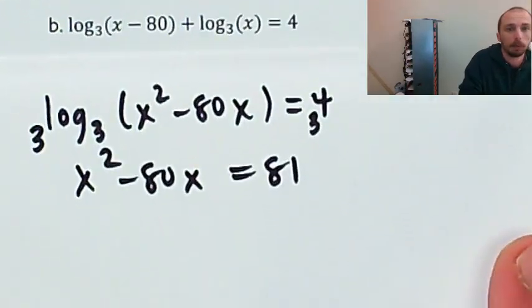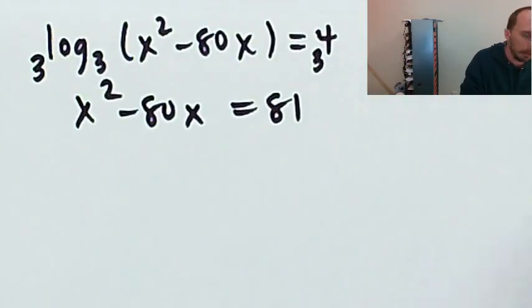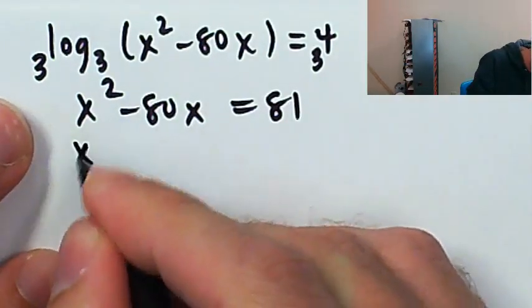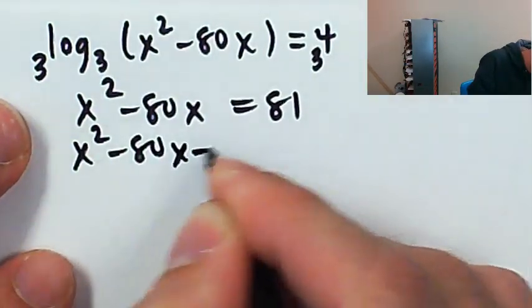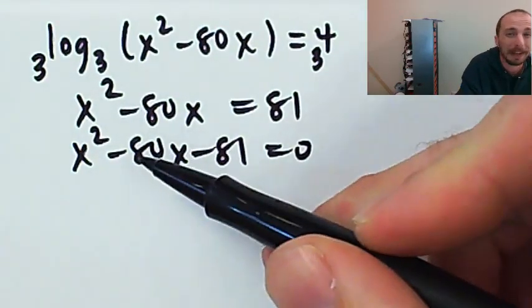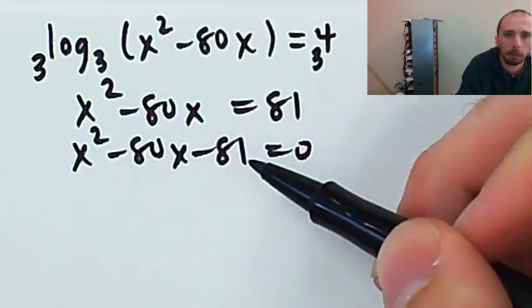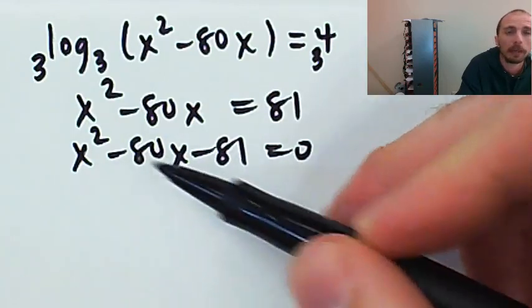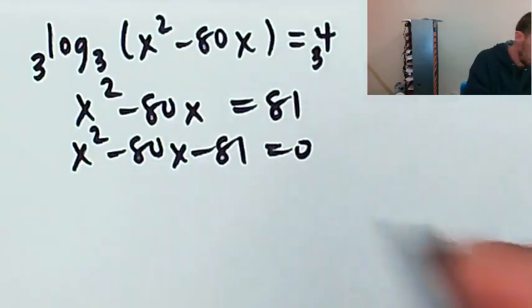Okay, quadratic, I got to set this thing equal to 0. X squared minus 80x minus 81 equals 0. Two numbers that multiply to negative 81 while adding to negative 80, that would be negative 81 and positive 1.